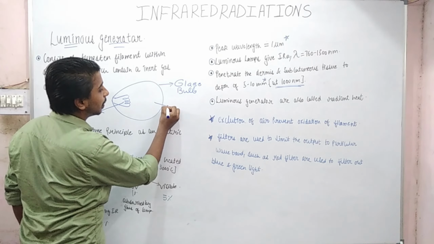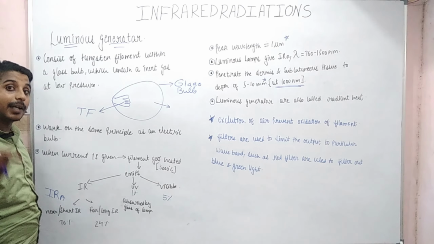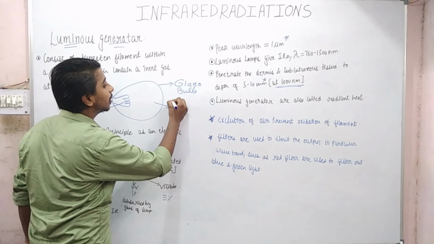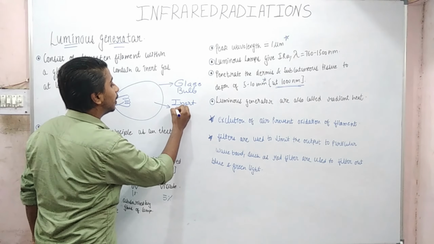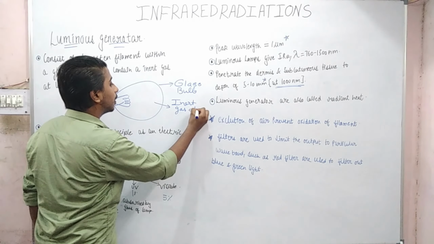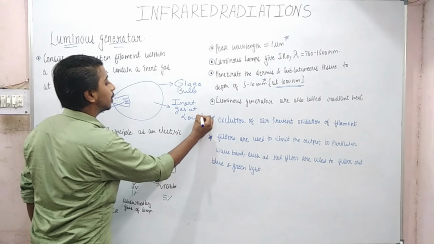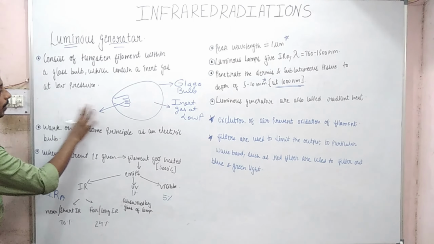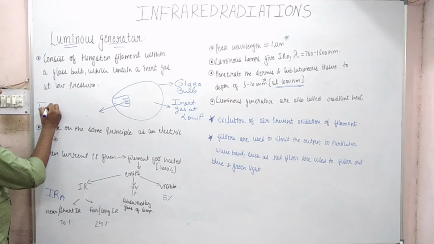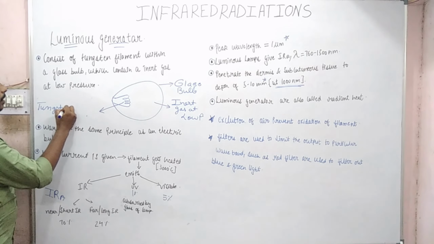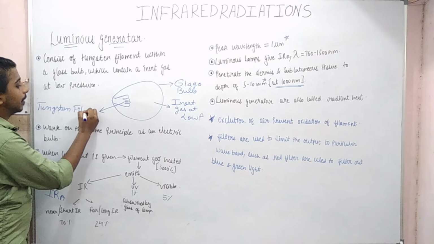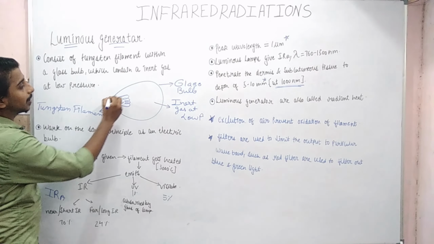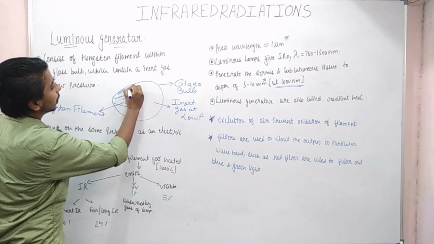and inside it is the inert gas at low pressure. Okay, let me write it completely. It is the tungsten filament, and some part is silvered.